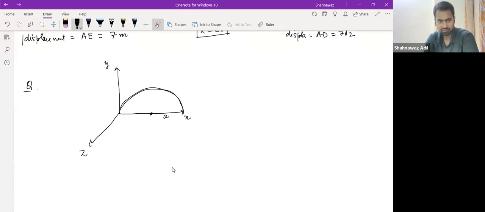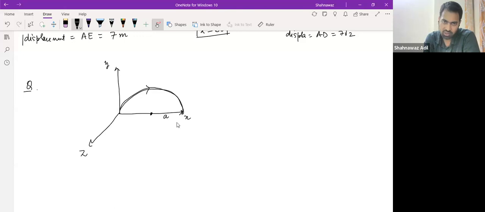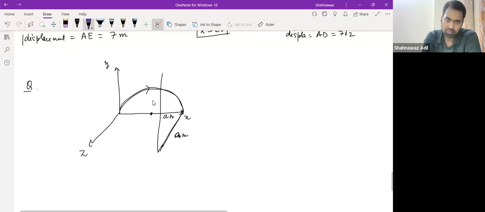Is that clear? Yes, sir. And then it goes A units in Z direction, A meter. And then it goes A units in Y direction. So this is 2A. Did you understand this part?